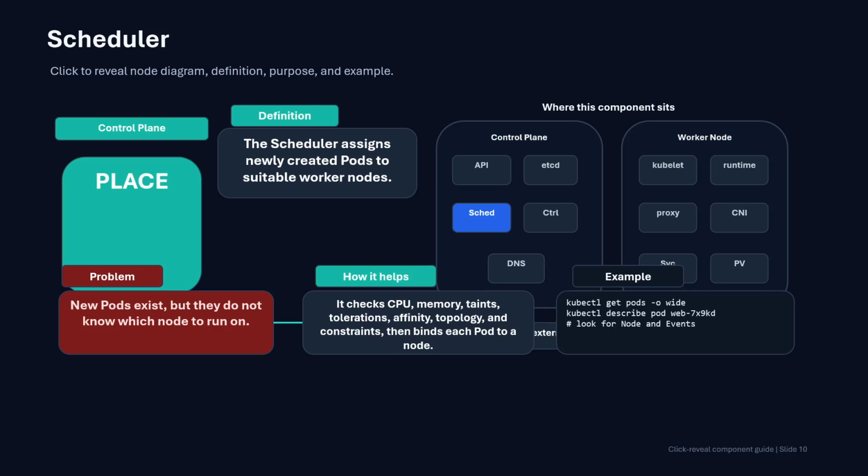When you deploy your application through a pod or replica set, where that pod will run, since there are many servers, is decided by the scheduler. It checks CPU, memory, taints, tolerations on the worker nodes, or you can say worker servers. If everything looks good, then it binds each pod to a node.